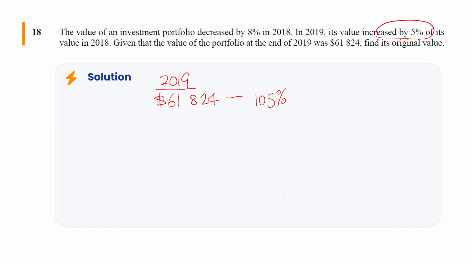So your 2018 is your base, which you take to be 100%. We're finding 100%. So 105% is equal to $61,824. So for 1%, we divide by 105 on both sides.